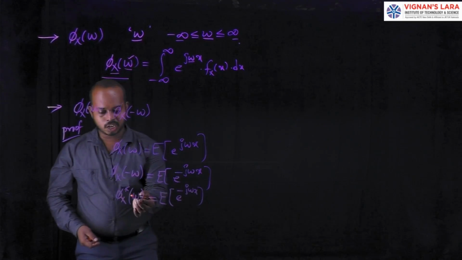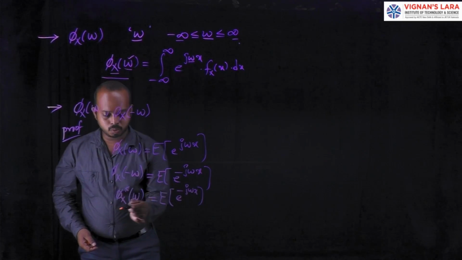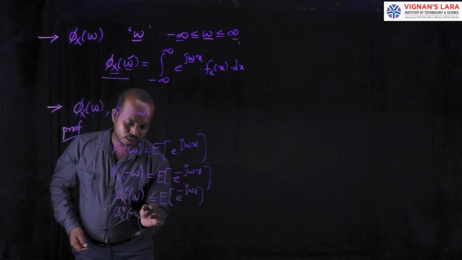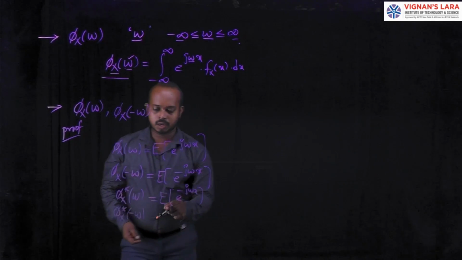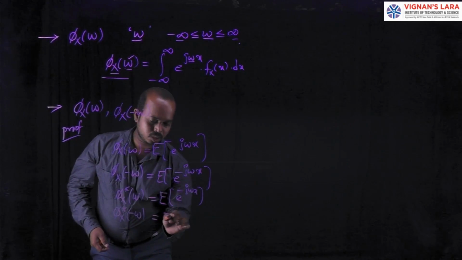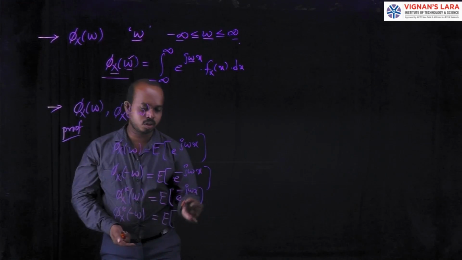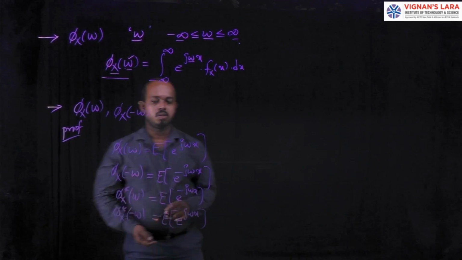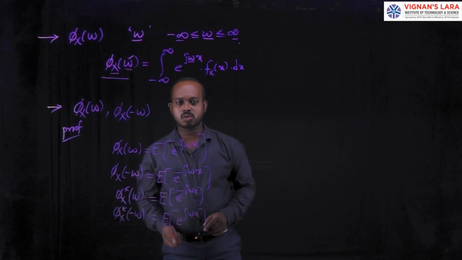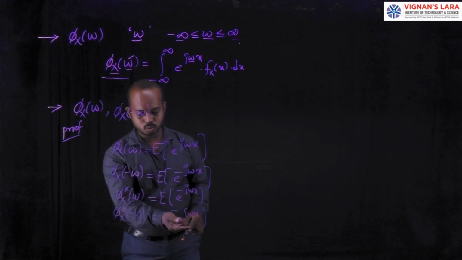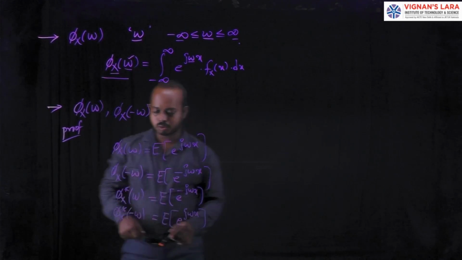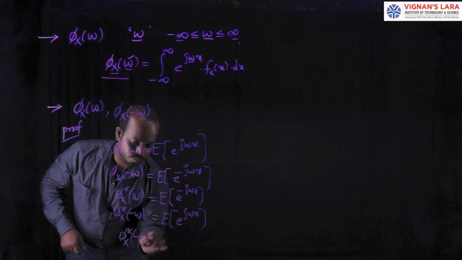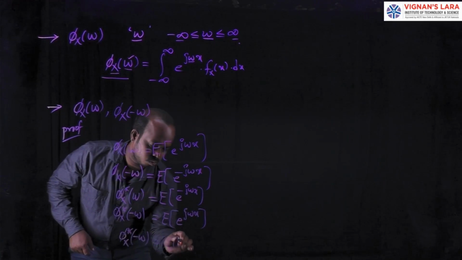Suppose you need to take minus omega in the conjugate value, you can replace it in this quantity: phi x conjugate of minus omega is equal to the expectation of e power j omega x. Now observe these equations: this quantity belongs to the starting one. That's why I am writing phi x conjugate of minus omega is equal to phi x of omega.